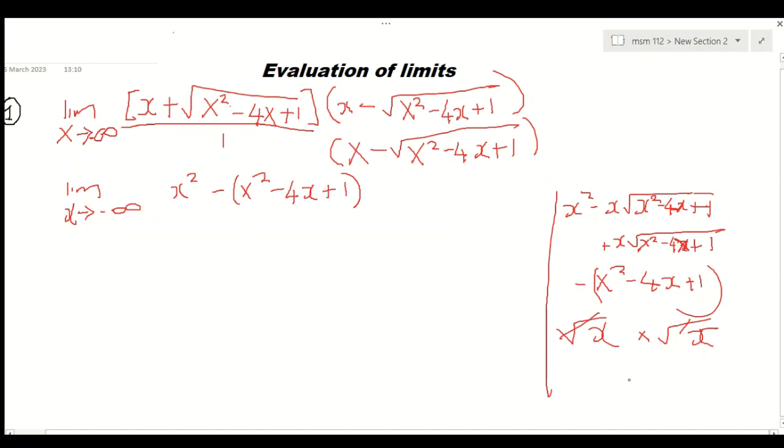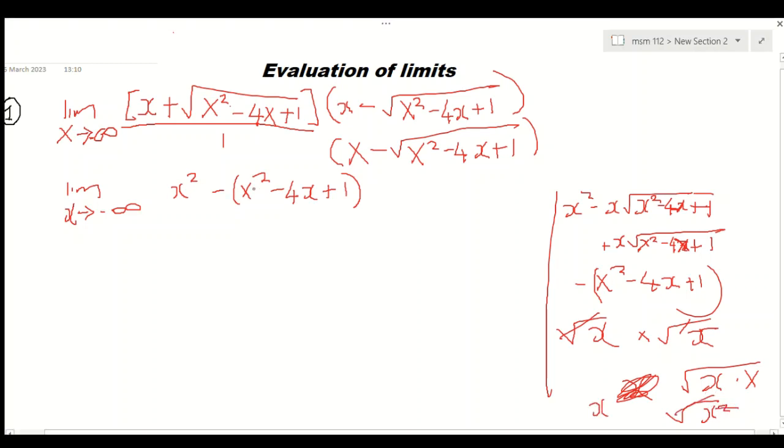You will remain with just x. That's what the rule says, because it is x times x, which is x squared, and the root cancels that power, and the answer is just x.